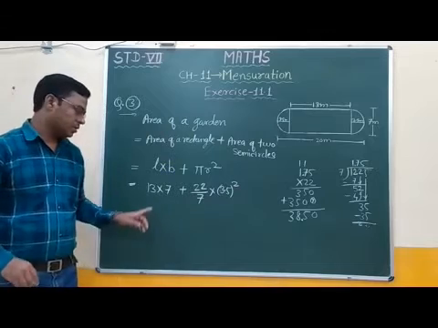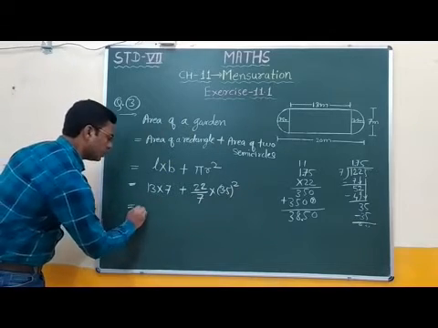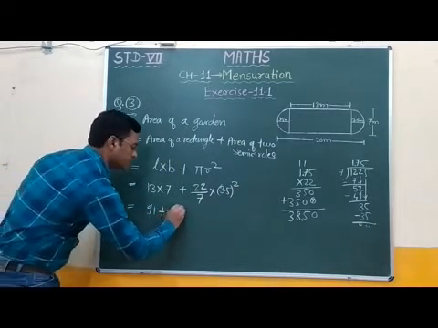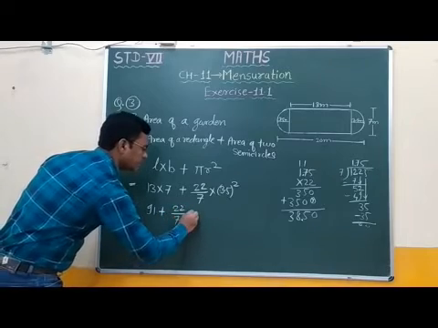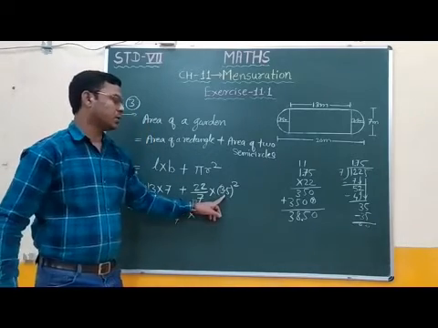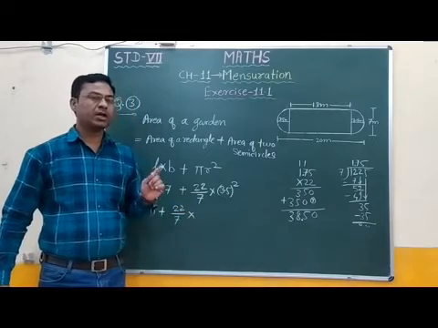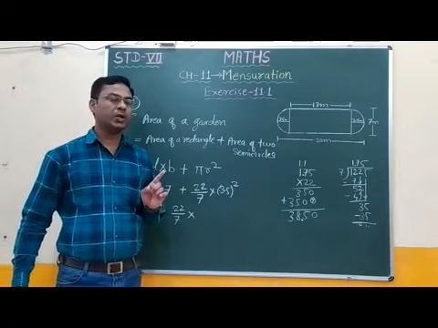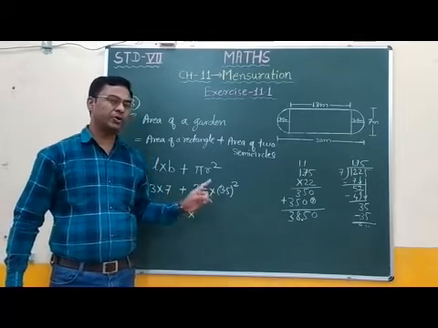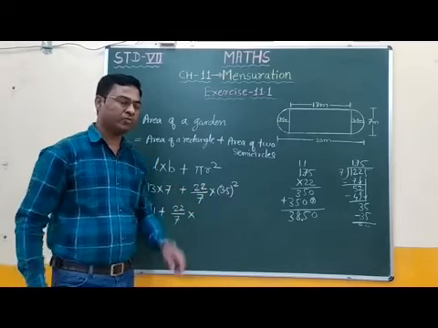Now students, 13 into 7 is equal to 91. This 22 by 7 as it is. Now 3.5 square: 35 into 35 is equal to 1225. Therefore 3.5 into 3.5 is equal to 12.25.